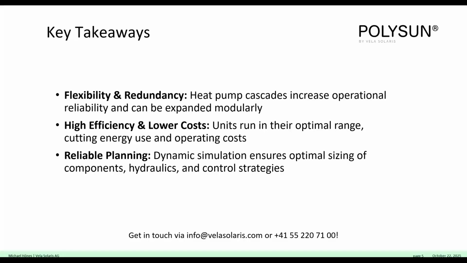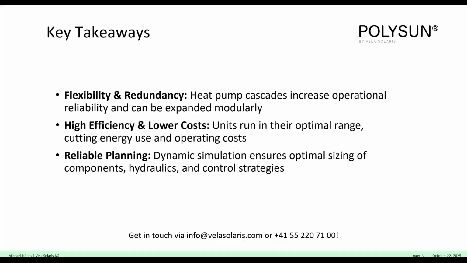Basically, the key takeaways now are that heat pump cascades are flexible and redundant. So you can combine parallel heat pumps to have redundancy, and you combine them with series heat pumps to be flexible, to deliver the heat you need at the right time. You can have a modular approach to it, so you can have another heat pump added for a different temperature level.